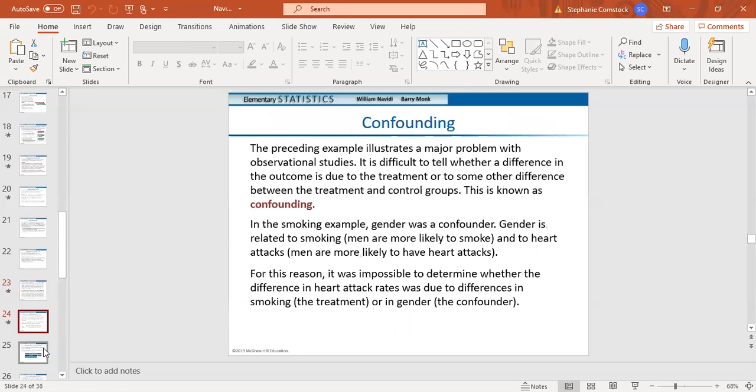Okay. Now, the other thing that goes along with that is this thing called confounding. Confounding is when we see several different factors that may influence an outcome, and we can't separate them.